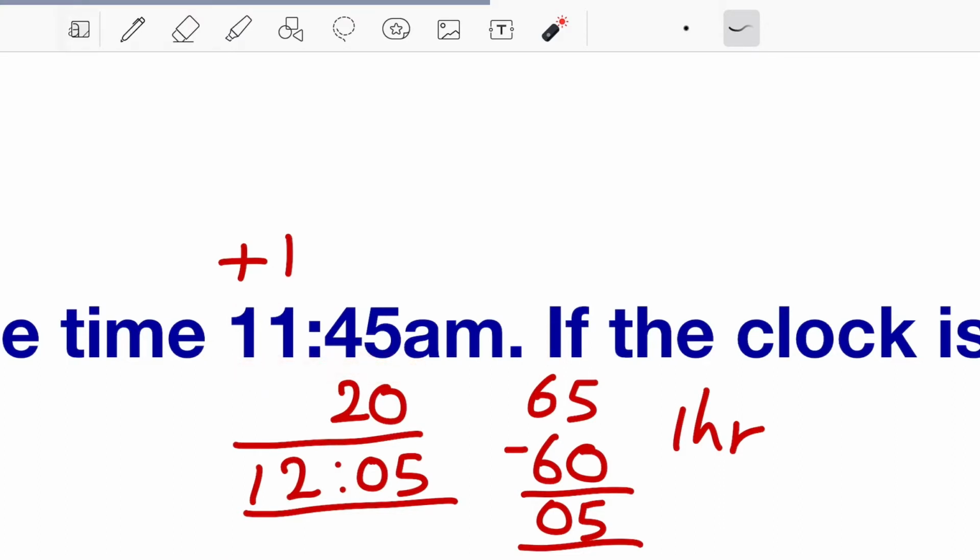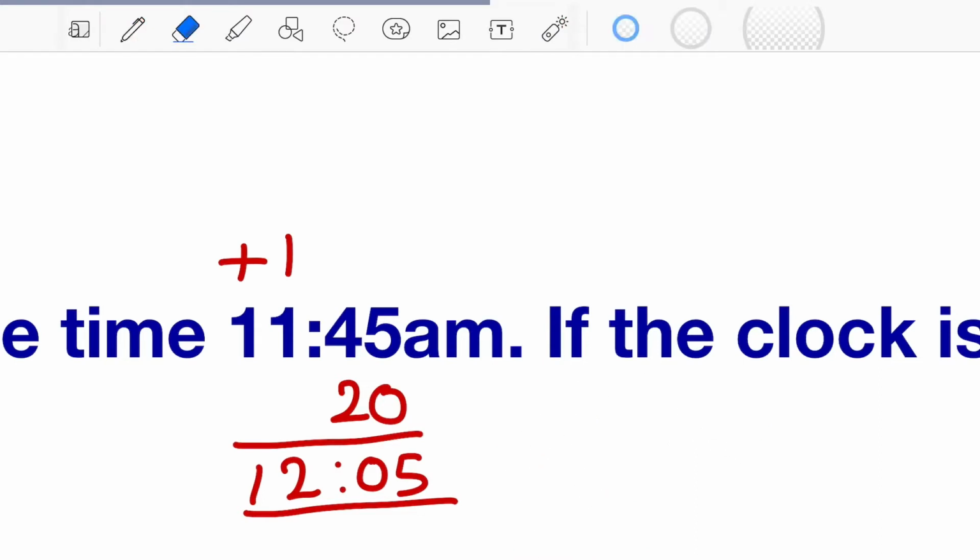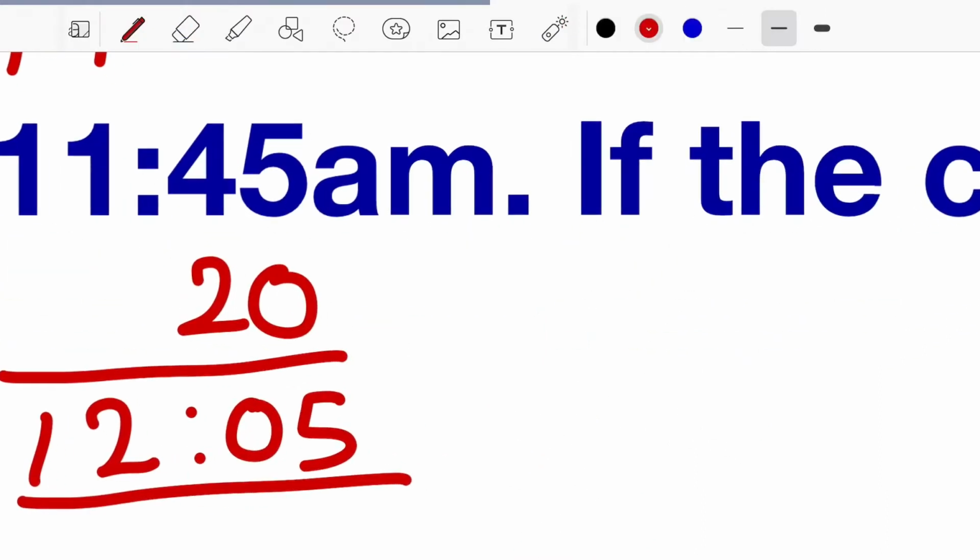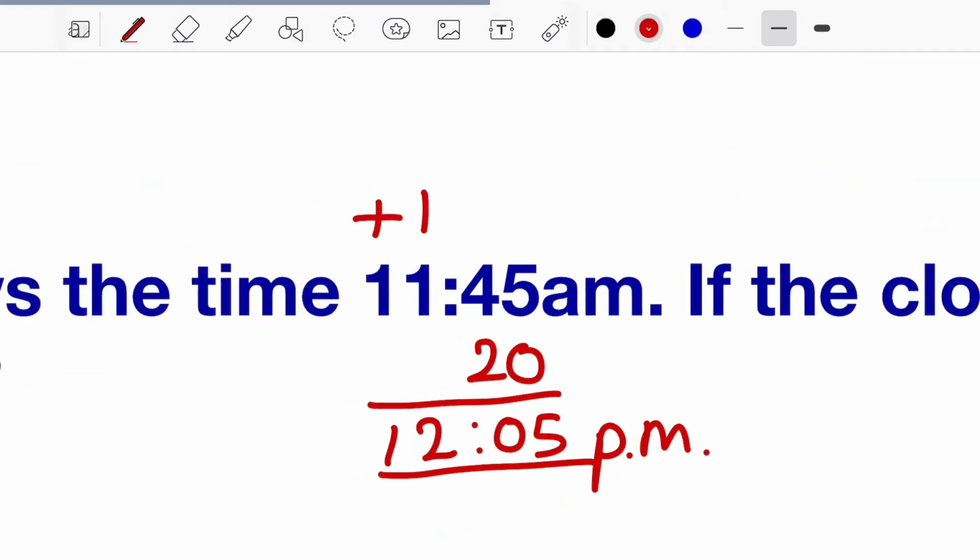If it's PM and we cross 12, it becomes AM. So this is 12:05 PM. When crossing over the 12, it changes from AM to PM, or PM to AM accordingly.